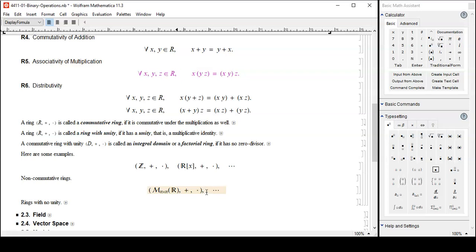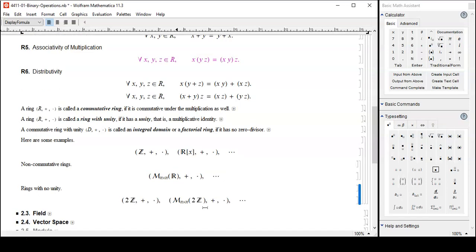How about a ring with no unity? Can you think of an example where there's no 1 or something that will replace 1, like the identity matrix? Well, here's an example. Take the set of all even integers. An even number plus an even number is an even number, so it's closed under addition.